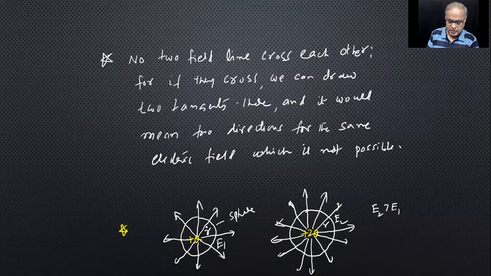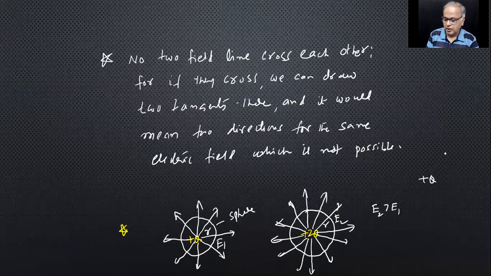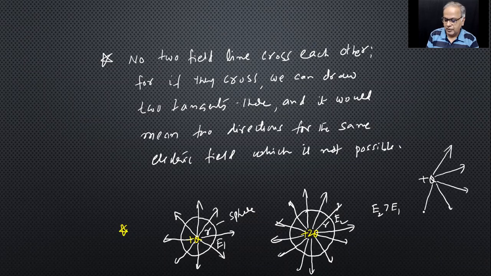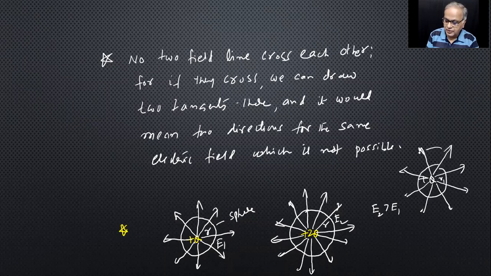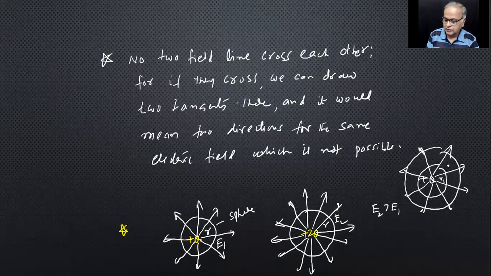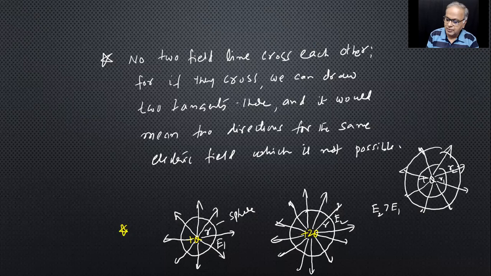Do you follow my point? If it's only a single charge, it doesn't make a difference. I told you already, we talked about it yesterday. Even if I draw this many lines, from R1 to R2, the density of lines will be less at R2 and more at R1.